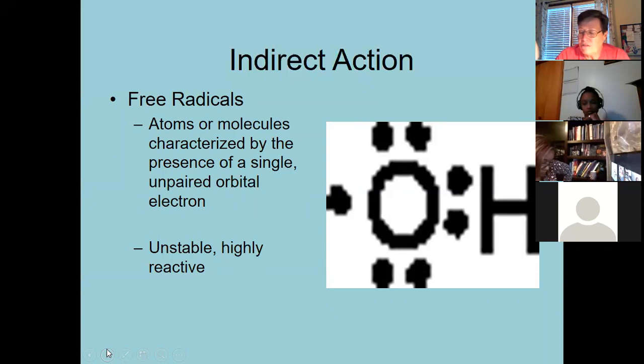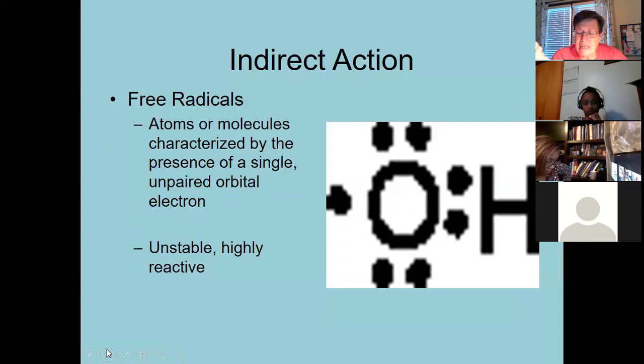So free radicals are all around us in different things, but in general, a free radical is either an atom or a molecule that has a single unpaired valence electron.